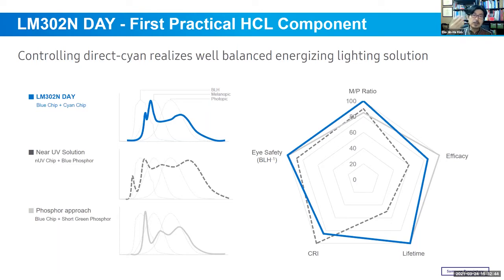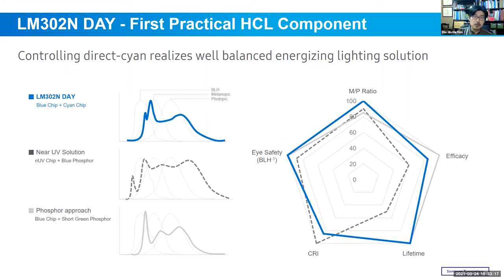But increasing the MP ratio always needs some compromise with the lighting efficacy. So we try to keep the efficacy as high as possible while still giving a much higher MP ratio. But there's an efficacy penalty of about 10 to 15% compared to a nearly conventional style of lighting.